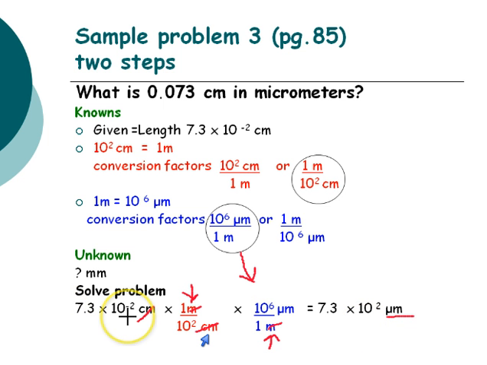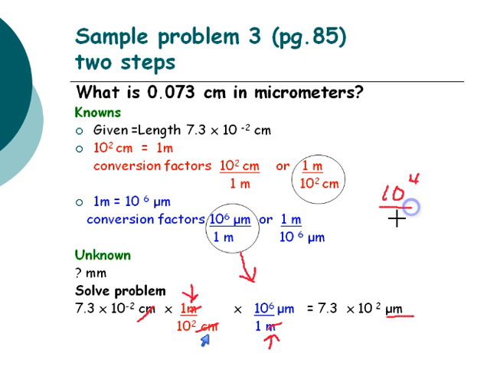7.3 times 10 to the minus 2 times 10 to the 6th divided by 10 to the 2nd power. You're multiplying powers of 10, so you add the exponents. 6 plus a negative 2 is 4, 10 to the 4th power.